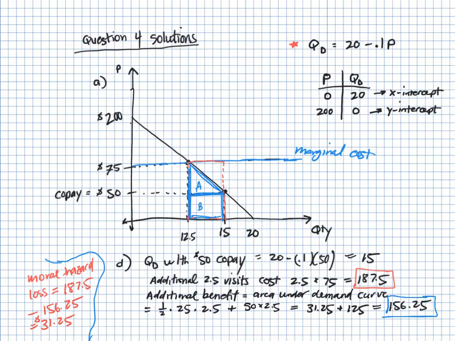So the dollar value of the moral hazard loss is $31.25. Again, we can visualize that. That's going to be this area right here, the red triangle.